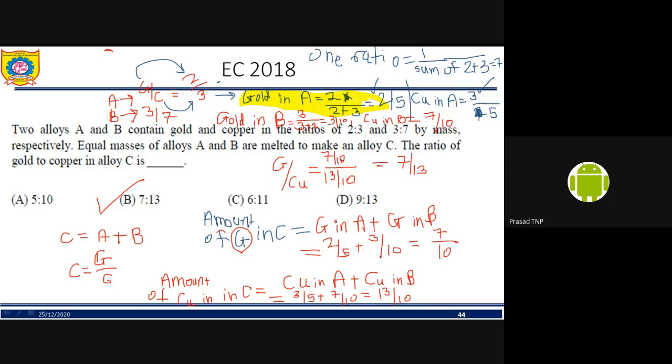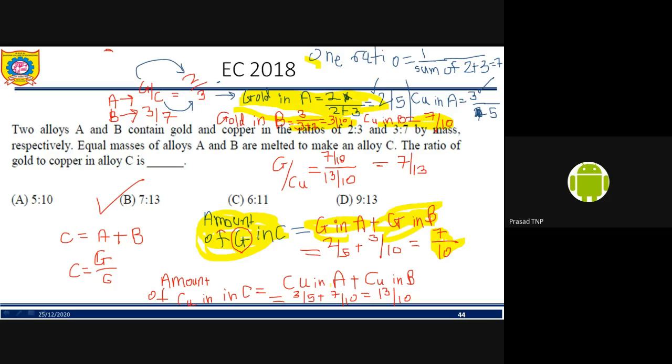Similarly we calculated gold in B, which is 3 by 10, and copper in B, 7 by 10. Then we calculated the amount of gold in the third alloy C by the combination of gold in A and gold in B. That we got as 7 by 10.